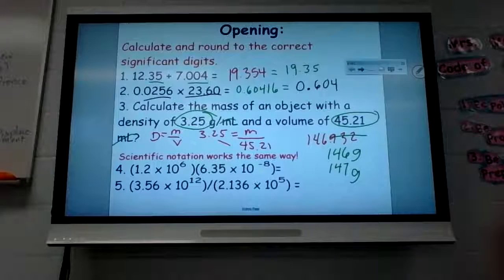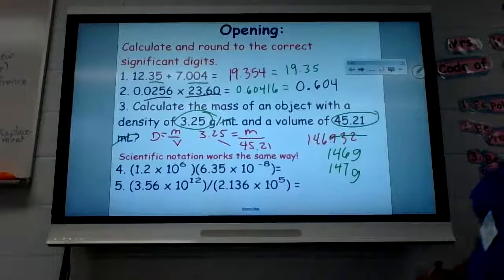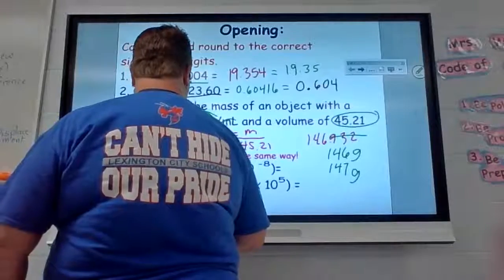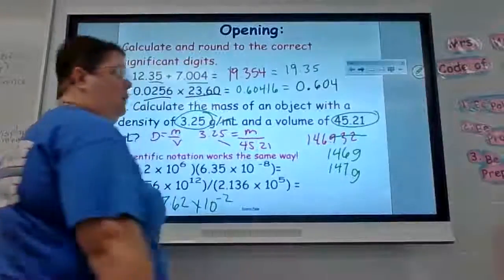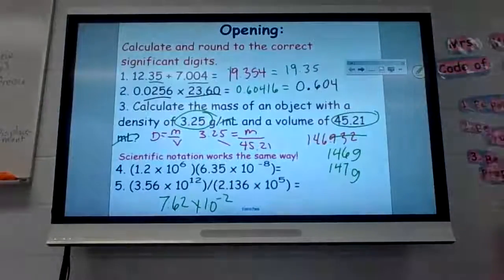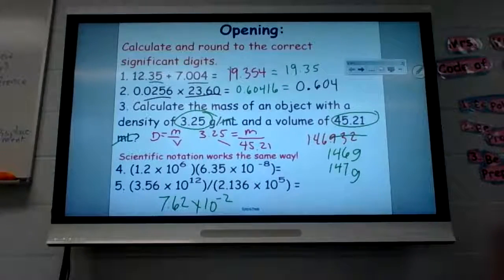All right, so I got 7.62 times 10 to the negative second. Did I punch it in right? That's what I got. Anybody else get that besides Xavier? Okay. That's what I'm getting ready to do.